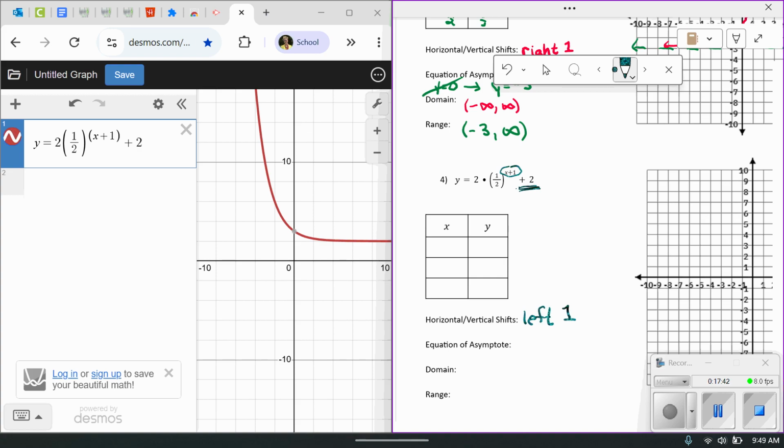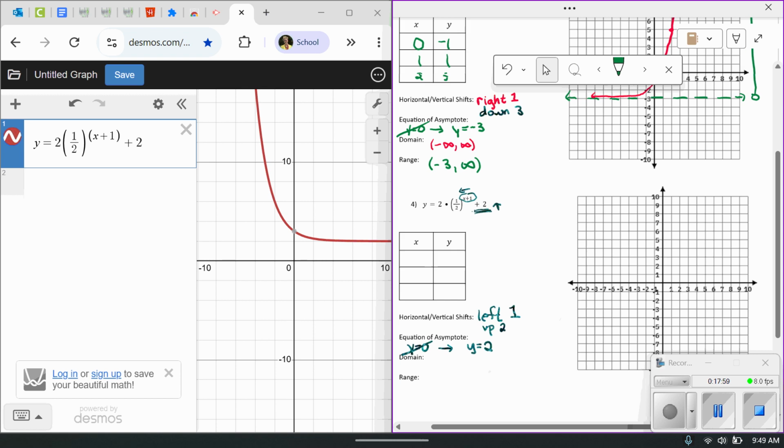Whereas a +2 on the outside means it will go up 2. That up 2 affects my asymptote. y equals 0 is my default asymptote, but it moved up by 2. So y equals 2 is my new asymptote.